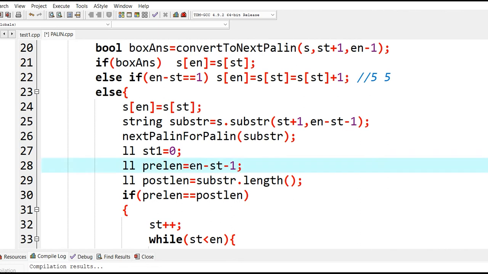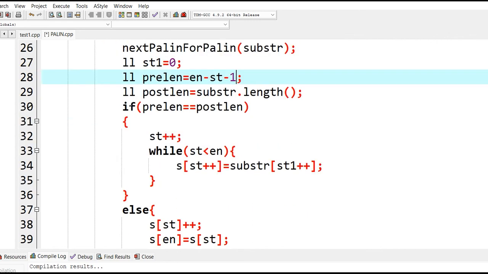Now we store the initial length that was passed to the next palindrome function, and we take a note of what length we get after calling that function. And if both those lengths are equal, we just copy the string that we get from there to our original string.